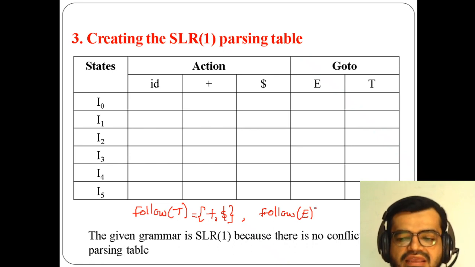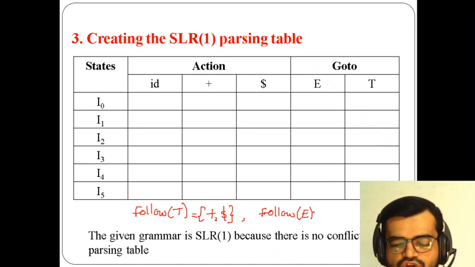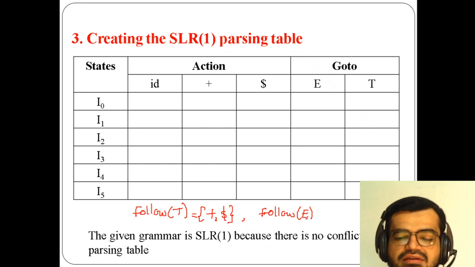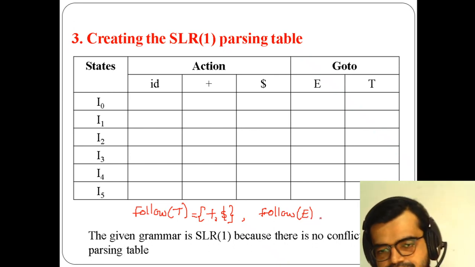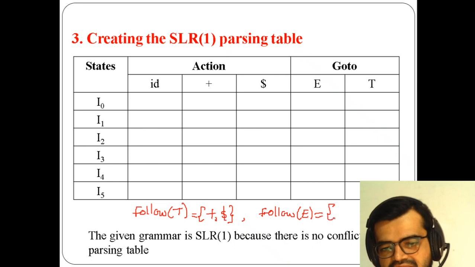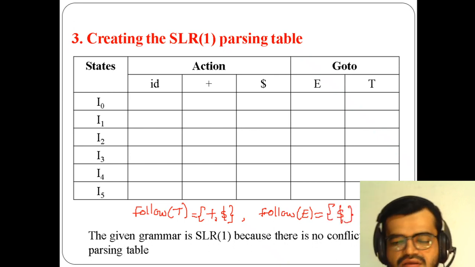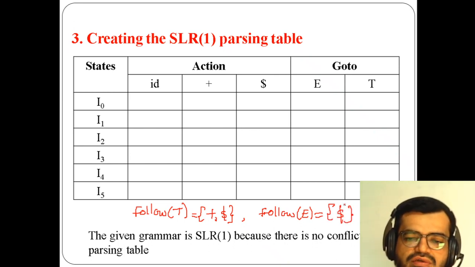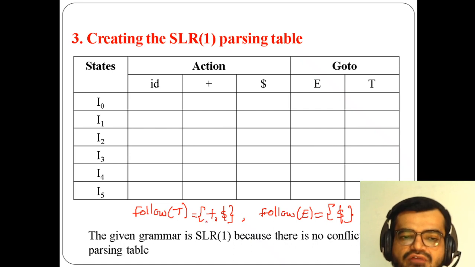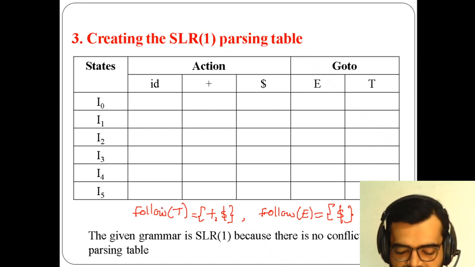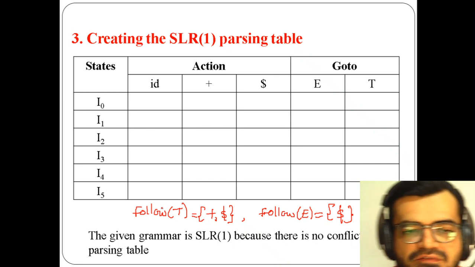If you want to reduce E, then you will get E dash, so E dash means the start symbol. So what will be the follow of the start symbol? It will be dollar, so that's why I'm writing follow of E as dollar. Now using these two, you have to perform the reduce action.